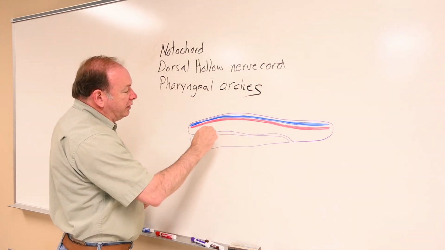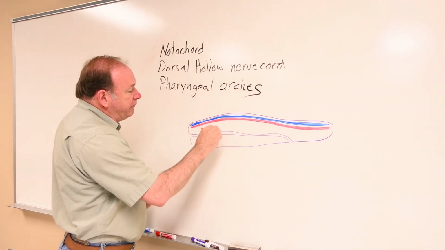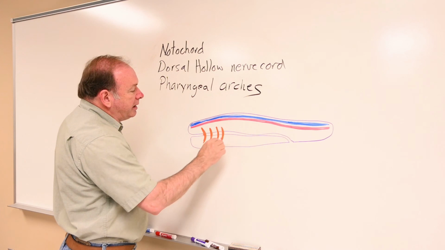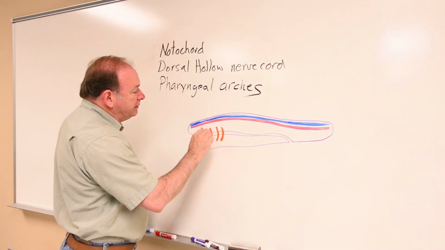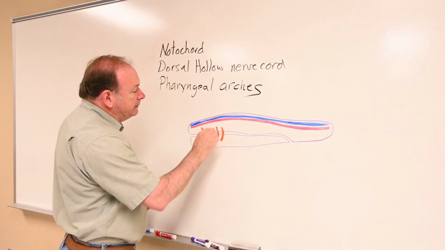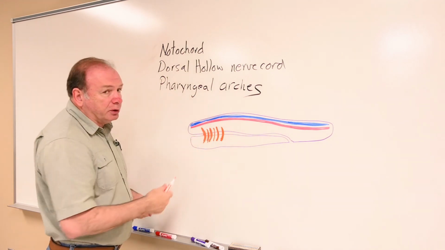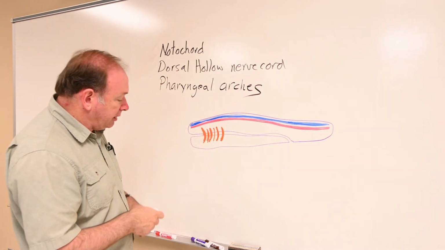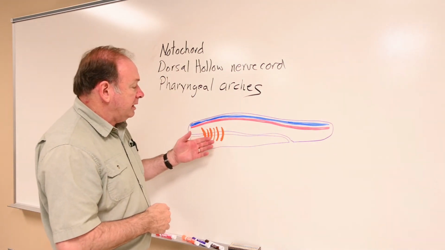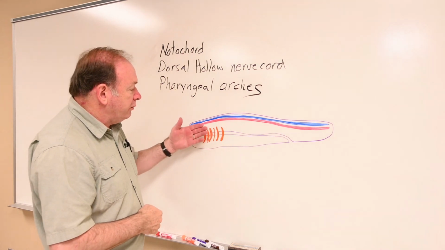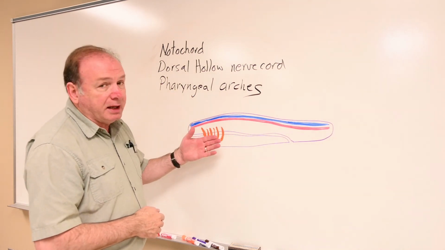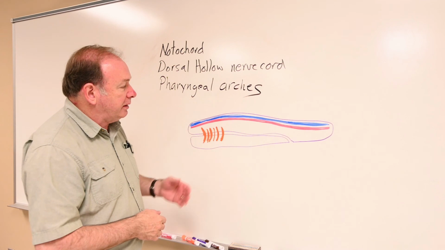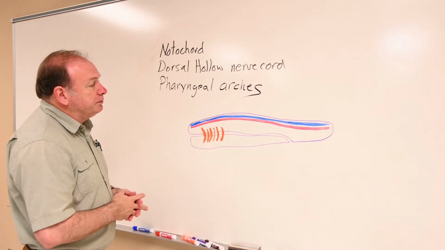Now in fish, they look something like this, but in the amphioxus and the tunicate that we look at, we're going to see something a little different. But anyway, a structural arrangement around the outside of the pharynx that in the early forms allows water to move from the pharynx to a space outside of the pharynx or to the outside of the body in fishes.